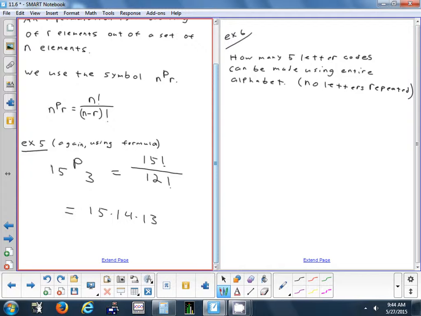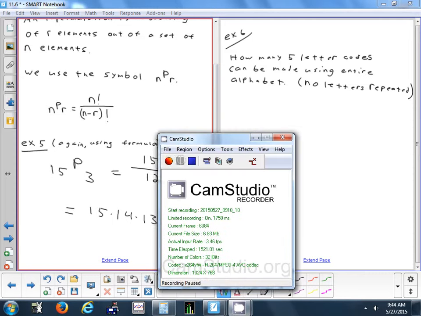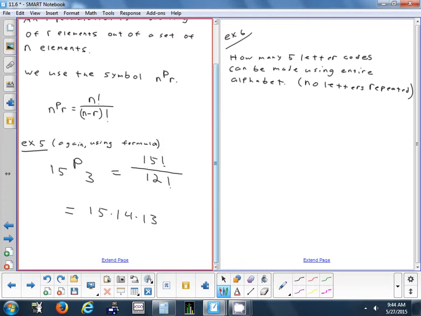And next part, we're going to look at how many 5-letter codes can we make using the entire alphabet. Okay, so this is a permutation, because if you're making passwords or codes, the order matters. So we're using the entire alphabet.